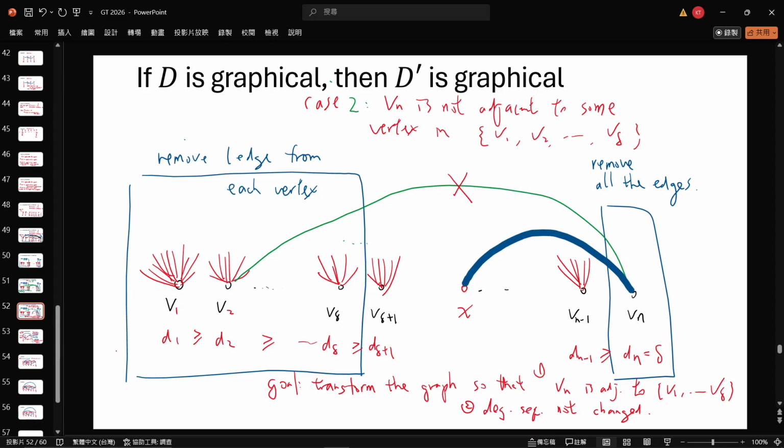So if we can achieve this goal, which means we can find a new graph such that Vn is adjacent to all the correct neighbors, then it reduces to case one. So we just remove all the green edges to get the desired new simplified degree sequence D prime. Okay, so that's a proof.